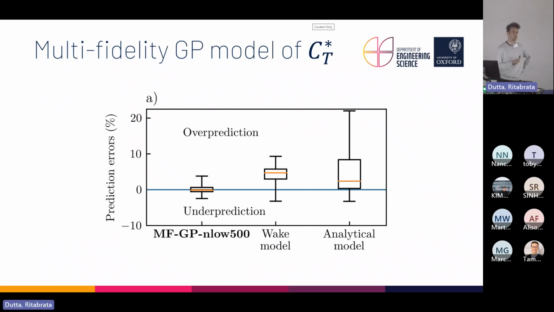So you can see that the multi-fidelity Gaussian process model has no bias, whereas the wake model and the analytical model both have a bias for over-prediction. So they're too optimistic for wind farm performance. And the multi-fidelity Gaussian process model that we've developed is much more accurate than either approach.